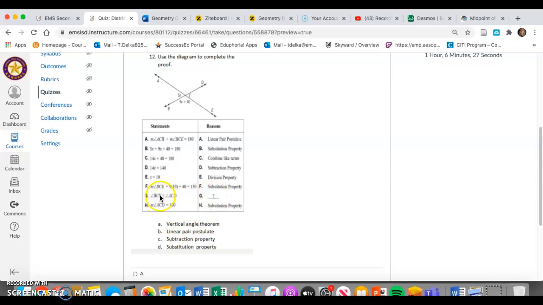It says BCE equals ACD. Well, they want to know, is that vertical angle theorem? Is that linear postulate? Is that subtraction property or substitution? I'm going to go ahead and tell you right now, it is not C or D. We're not focusing on properties there. We're looking at theorems and postulates.